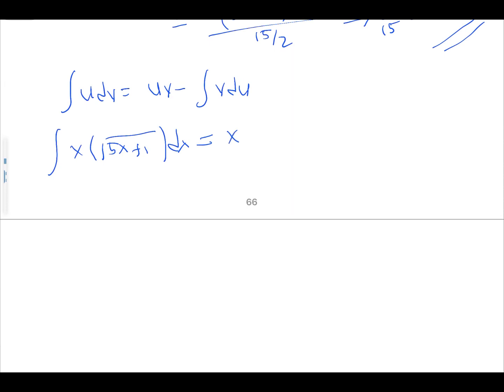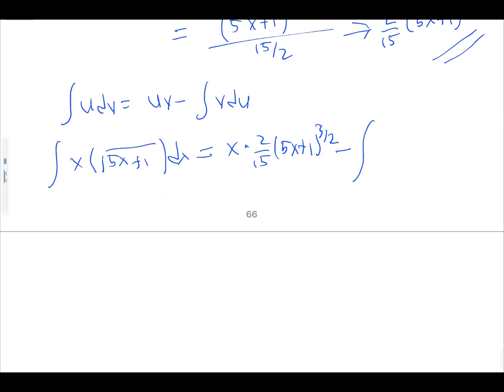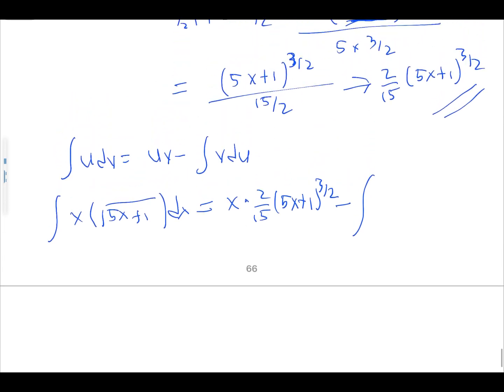Our u is x, as I said. Our dv is 2 over 15, as we calculated over here, square root into bracket 5x plus 1 power 3 on 2, right, minus the integral of, where is our v.